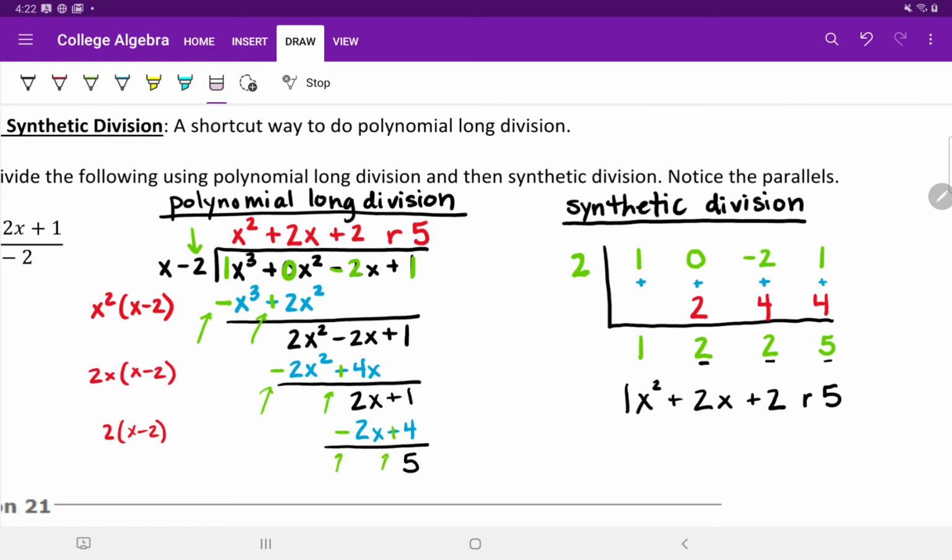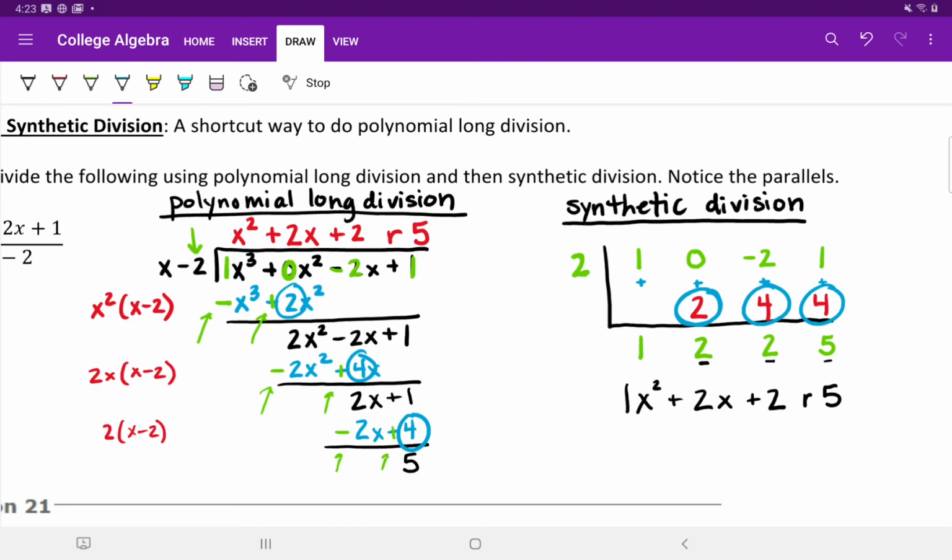And then also, you can basically trace where your numbers are coming from. So I'm going to use color coding here. This 2 comes from here. This 4 comes from here, and this 4 comes from here. So it's sort of combining the multiplication and the addition into a single step.